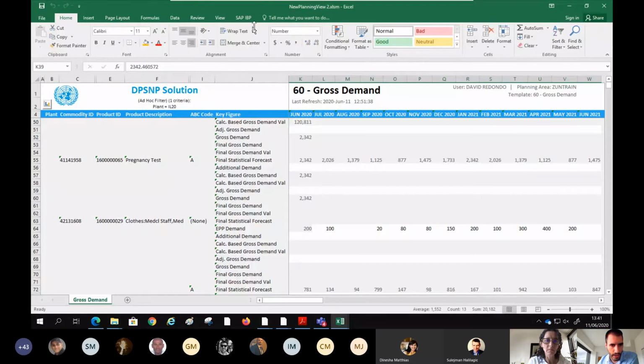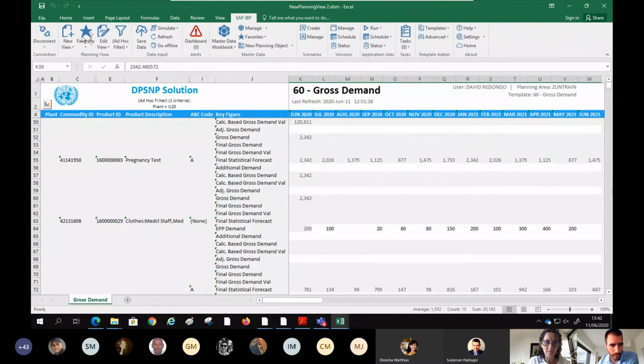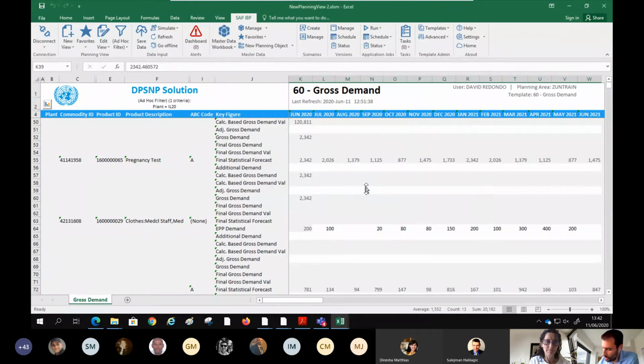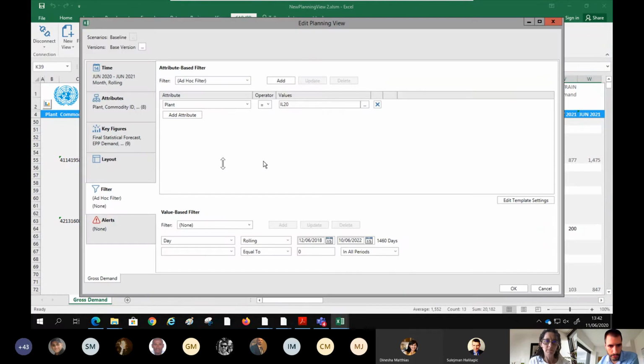I can show you another example of one that we would use in the equipment template. So if I filter by another product ID, you see that it's coming from the APP template.